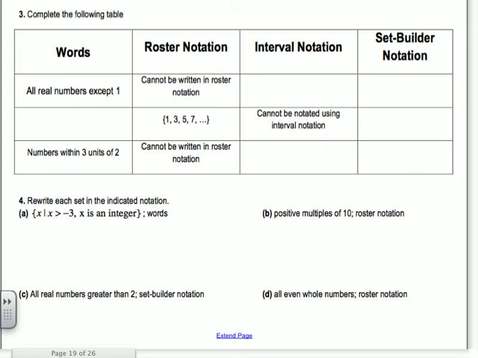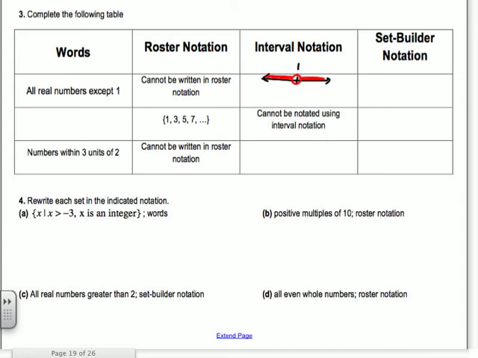Okay, interval notation. If you're including everything except 1, sometimes it's best to think of it on a number line. Basically, you want to fill in everything except at 1. You want an open circle there. So how would you write that in interval notation? Rebecca, you want to try this one?